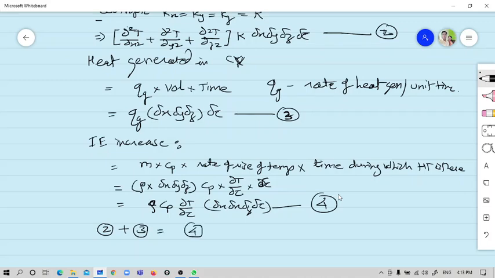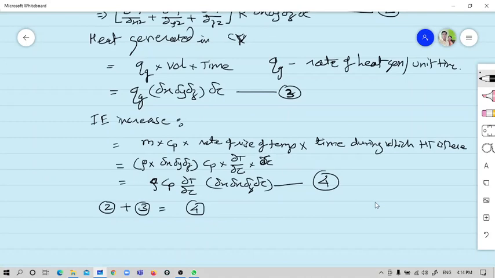Now in all these equations you can see delta x, delta y, delta z and delta tau are common terms, so I can cancel them. So what I get finally is this term into k, plus this Qg, and on the right side this term.